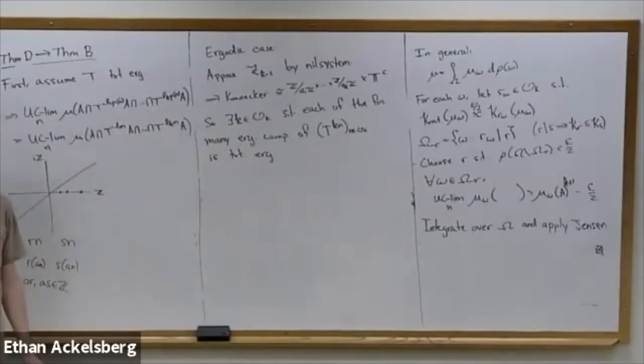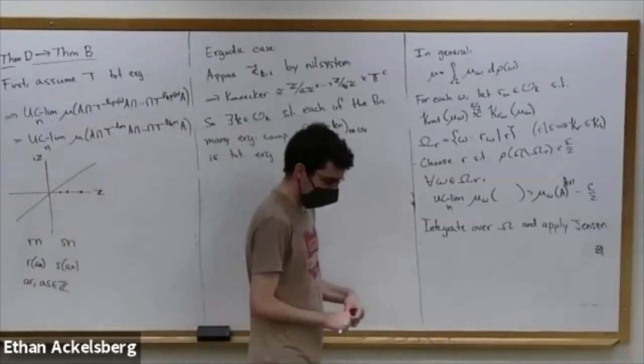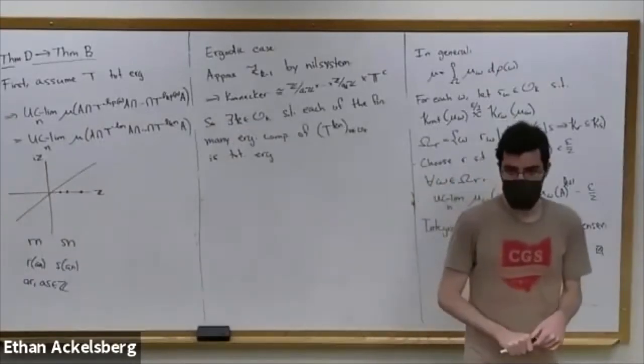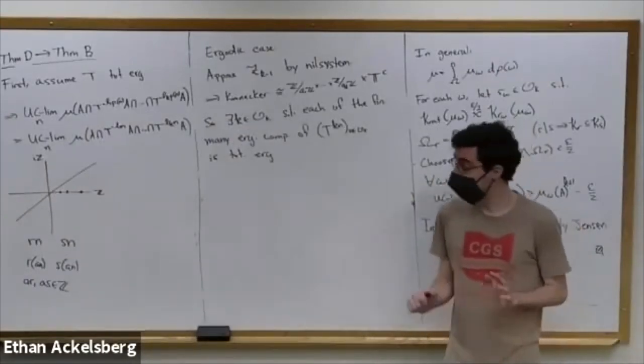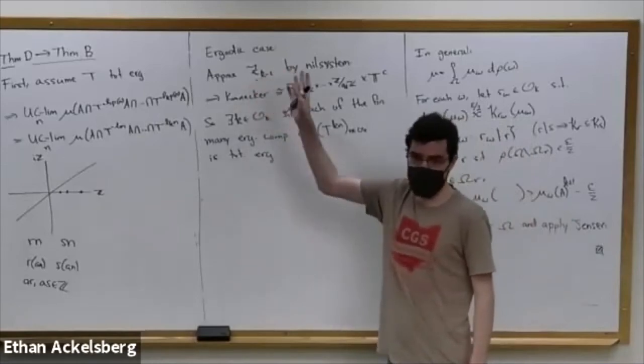Yeah, I see. But then, after you do all the approximations, right? Because in a general ergodic system, there may be no k such that when you speed it up, T^k will be totally ergodic. Right. So that was because we did this approximation.